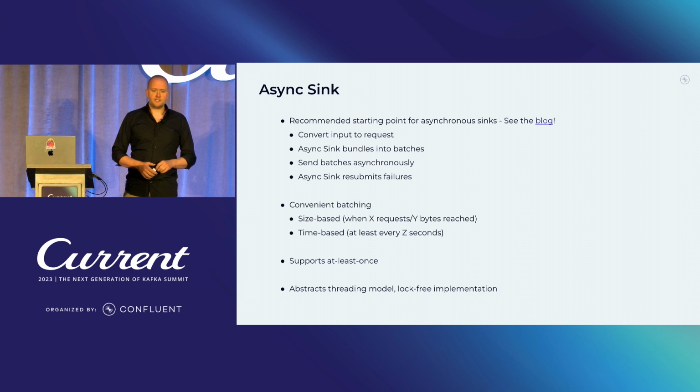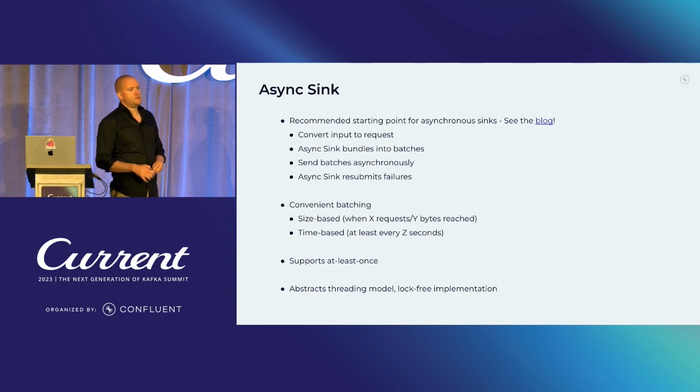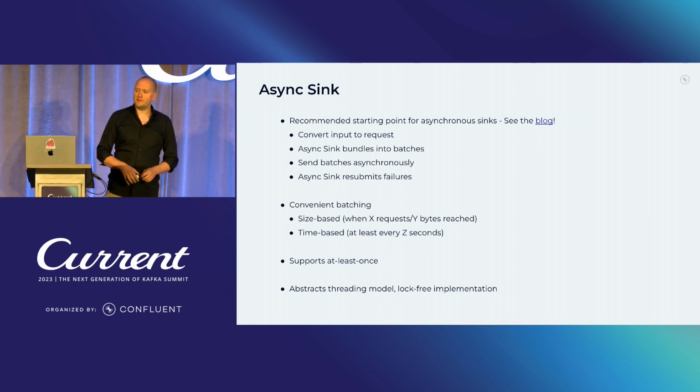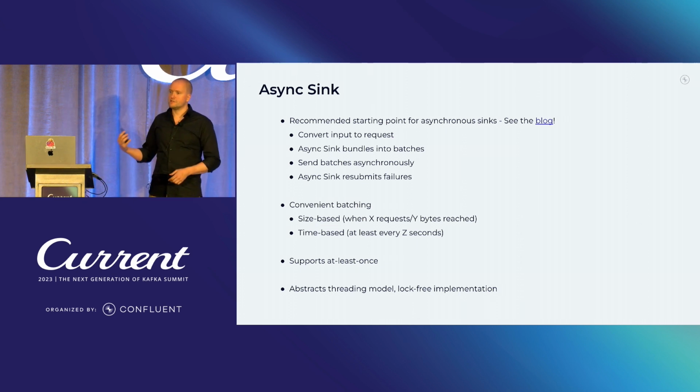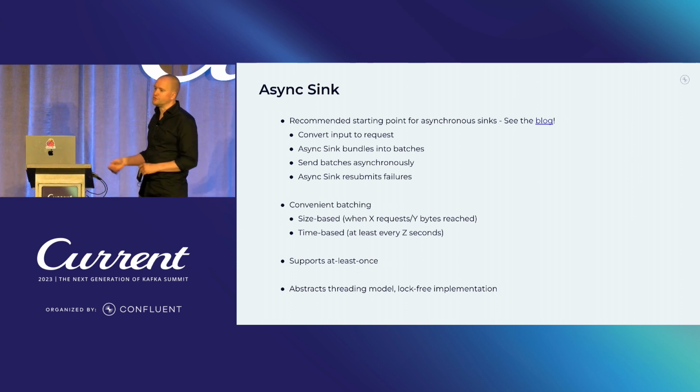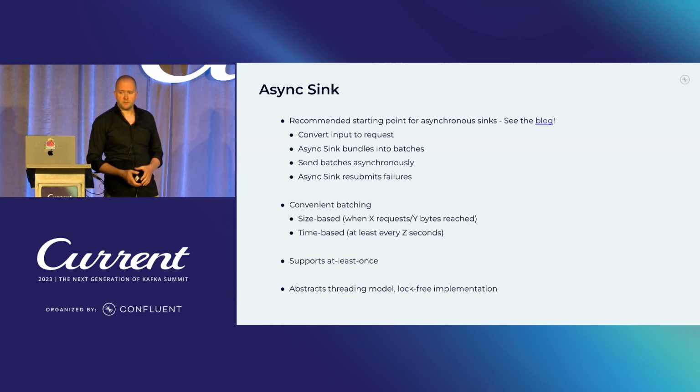Next to these interfaces, the recommended way for actually building your sink is to use the async sink. So Flink has several sinks that all have a similar functionality, but they are all developed and maintained independently. All of these sinks do things like batching events, signing requests, sending them to the respective endpoint, retrying or throttling requests, and they participate in checkpoints, of course.